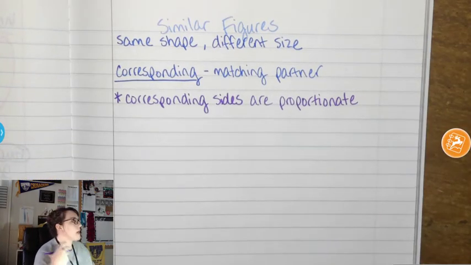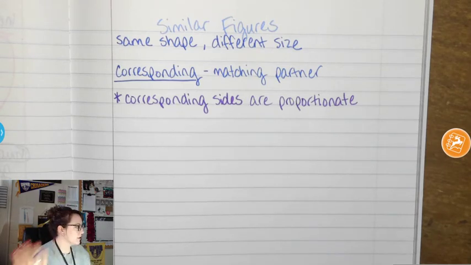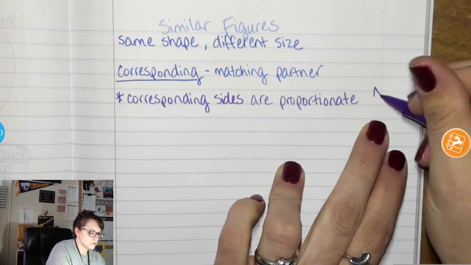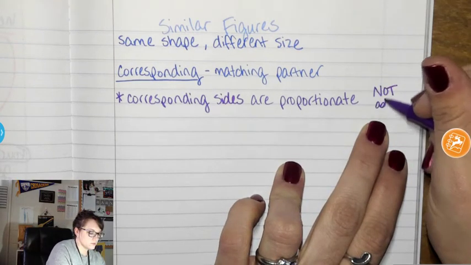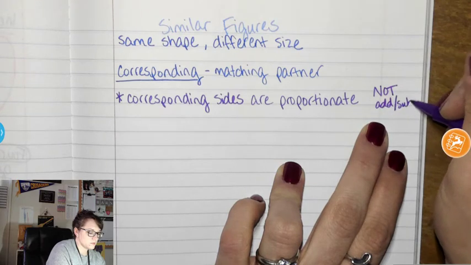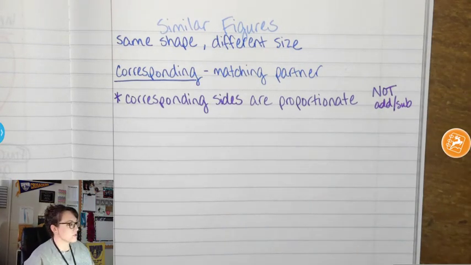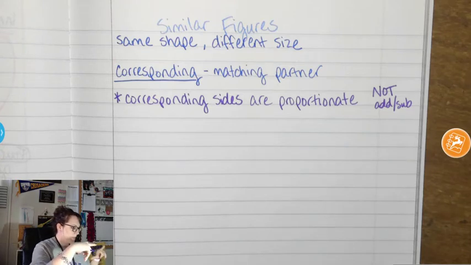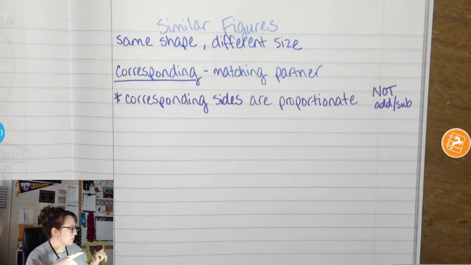And remember that when we talk about proportional relationships, we're talking about multiplying and dividing, not adding and subtracting. If you have a picture frame and you add 2 inches to both sides, that might not be the same proportions anymore.